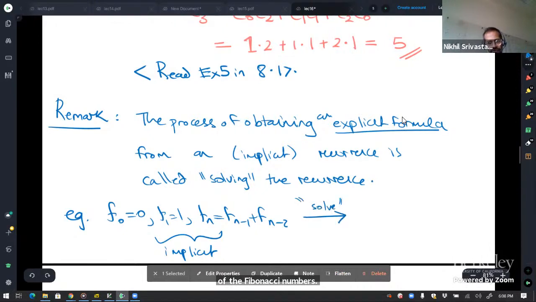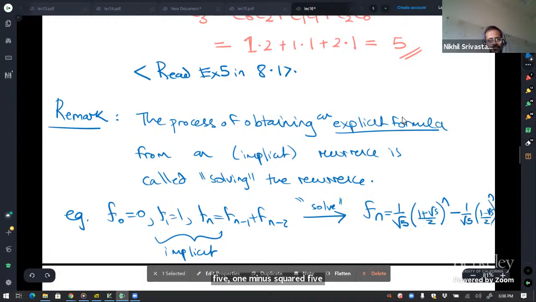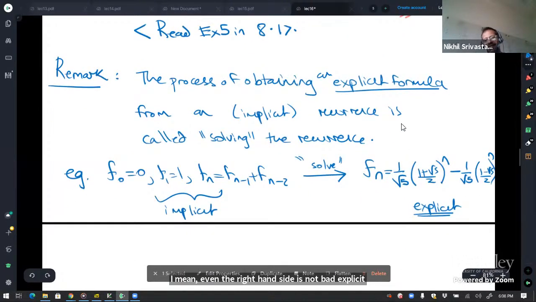I won't explain how. This is done in chapter 6.2. And you can get a formula, namely Fn is equal to 1 over square root 5 times (1 plus square root 5 over 2) to the n minus 1 over square root 5 times (1 minus square root 5 over 2) to the n. This is explicit. They both describe the same object, but even the right-hand side is not that explicit, right? If I ask you to compute that for n equals 100, you're going to have fun taking exponents of those numbers, right?